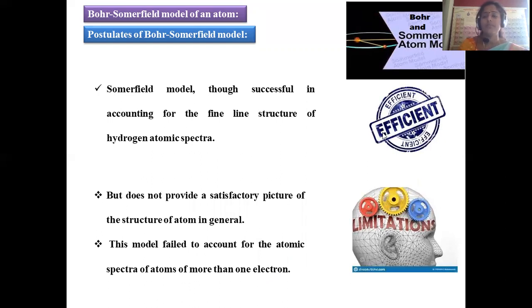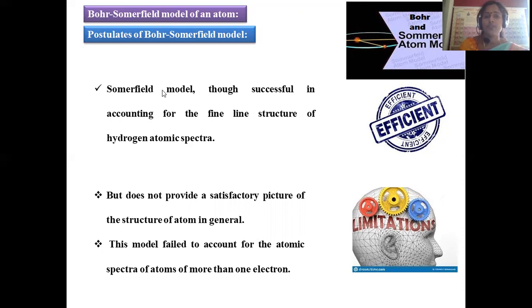Let us discuss the main efficiency point and the main limitation in the Bohr-Sommerfeld model. What is the main drawback of Bohr's model? Bohr's model could not explain why the splitting of lines is possible under high resolution for hydrogen, into the Lyman, Balmer, Paschen, Brackett and Pfund series, the bunch of lines we can observe.